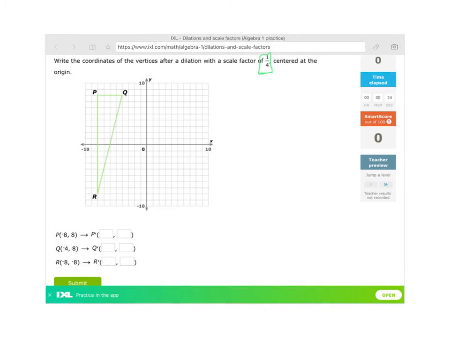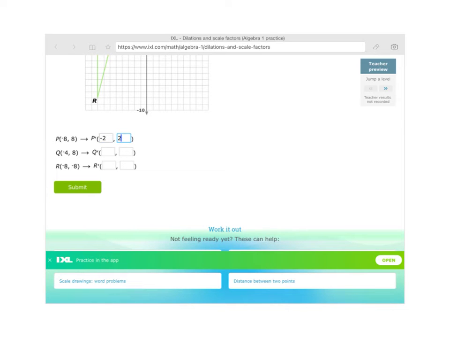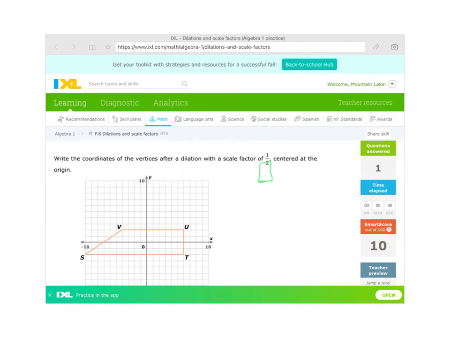So if I multiply everything by 1/4, this will become -2. This will become 2. This will become -1, and this will become 2. And then this will become -2 and -2. And then I get my first answer.